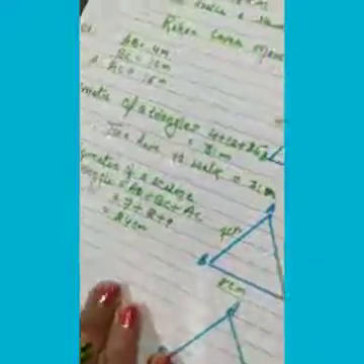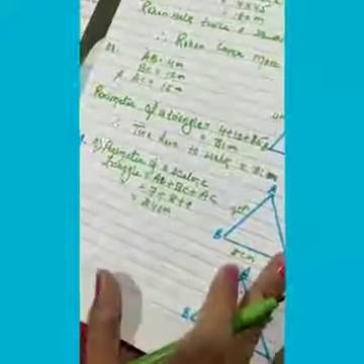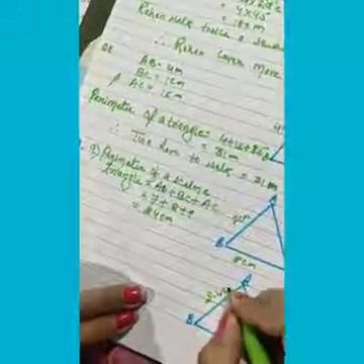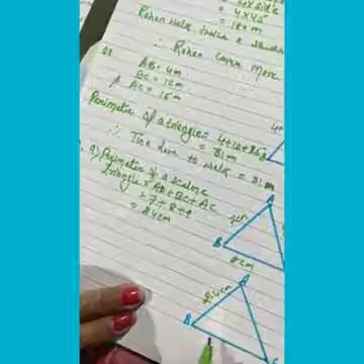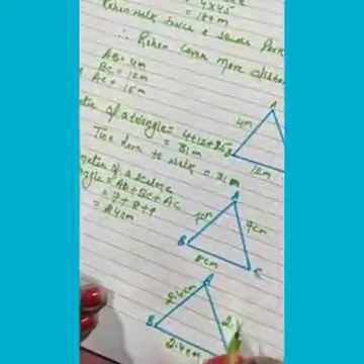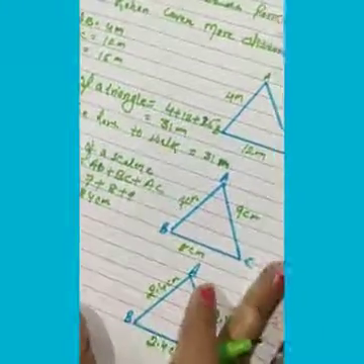Okay, now next B number is given, an equilateral triangle. You know equilateral triangle, all sides are equal. So one side is given here 2.4. It means second side also 2.4 and third side also 2.4 centimeter. Equilateral triangle means all the sides are equal.